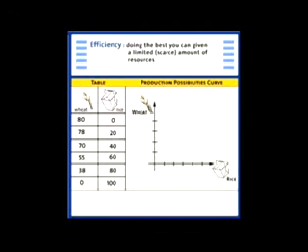Since I'm going up to 80 bushels of wheat, let's make each hash mark on this axis equal to 20. So here's 20 bushels of wheat. Here's 40. Here's 60. And here's 80. And I can keep on going, but I'm calibrating the axis here with each hash mark representing 20 additional bushels of wheat.